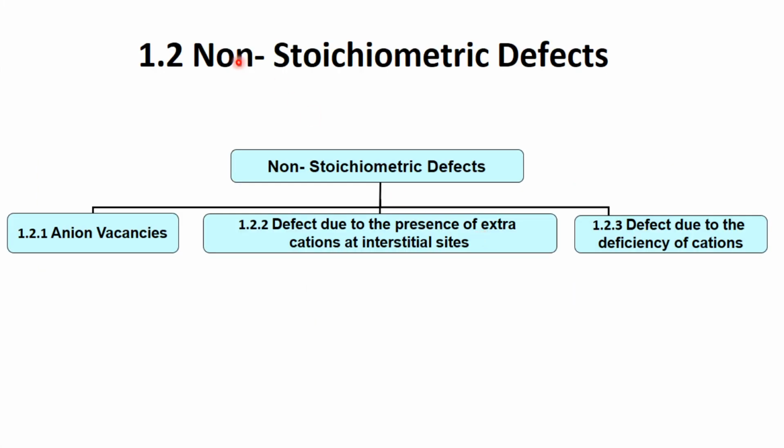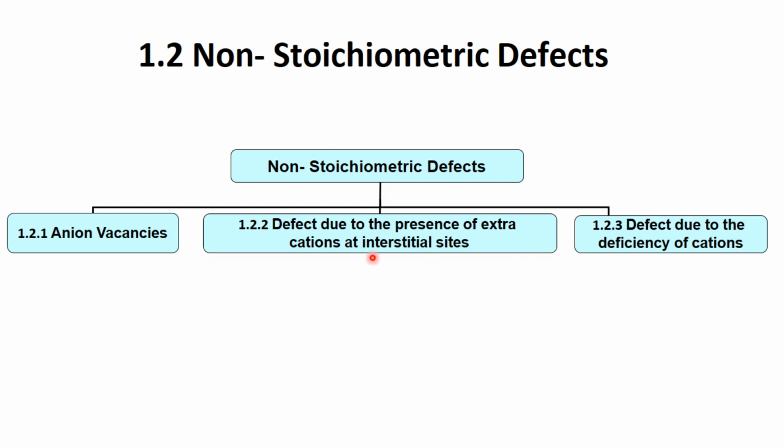Let us study now non-stoichiometric defects. They can be mainly classified into anion vacancies, defects due to the presence of extra cations at interstitial sites, and defects due to the deficiency of cations.